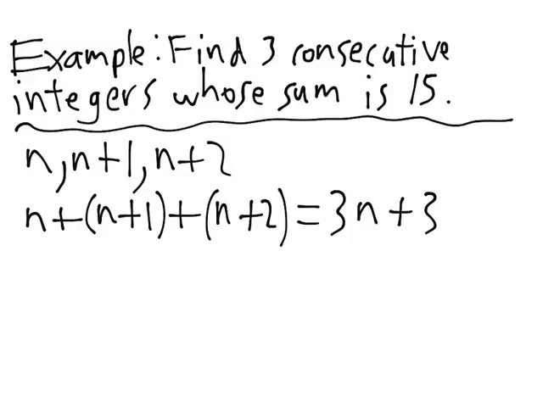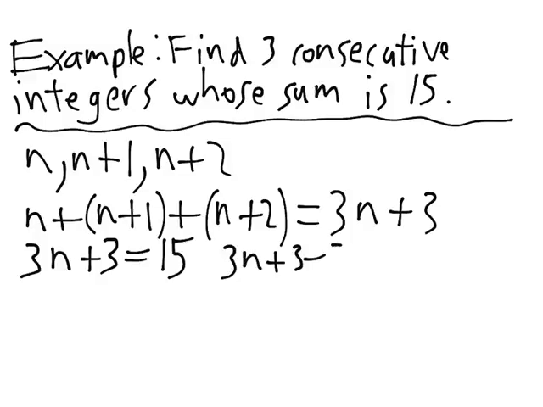Now from the problem statement we know this sum has to equal 15, so we now have the equation 3n + 3 = 15. Now we can use the previously discussed method to solve this equation for n. Subtracting 3 from both sides, we have 3n + 3 - 3 = 15 - 3.